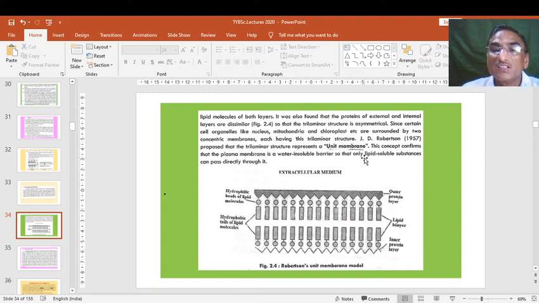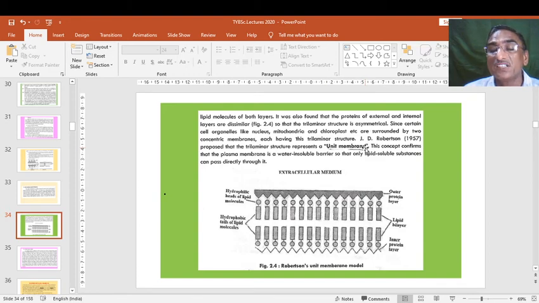J.D. Robertson is the scientist who studied this in 1957 and proposed that the trilaminar structure represents a unit membrane. We generally call it a unit membrane instead of plasma membrane, because this is not a single one.